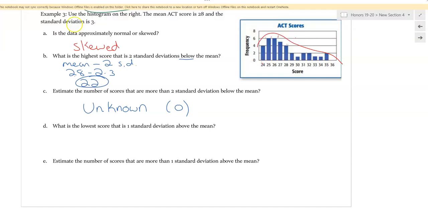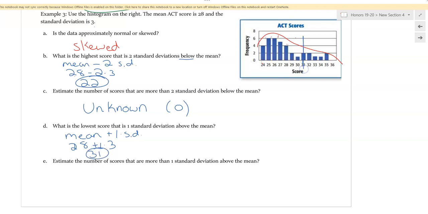All right. Then what is the lowest score that is 1 standard deviation above the mean? Since it's above, that's mean plus 1 times your standard deviation, which is 28 plus 1 times 3, which gives us 31.